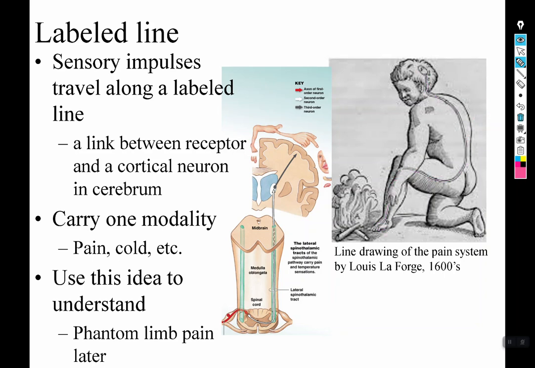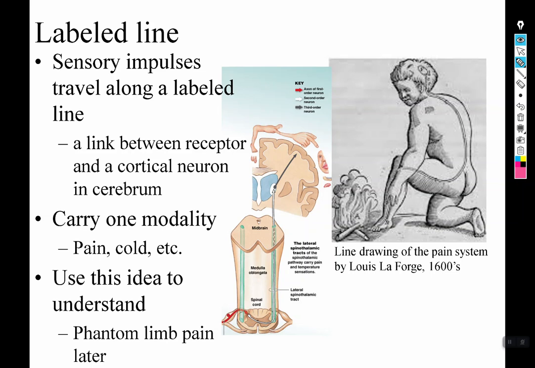Each sensory modality, so pain, cold, etc., is carried by one labeled line. There are a lot of sensors in your foot. There's also mechanoreceptors and proprioceptors. All of those senses coming from those receptors have different labeled lines.